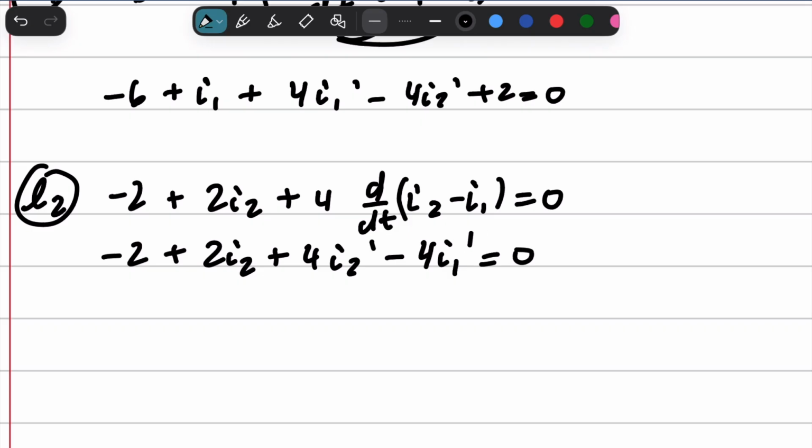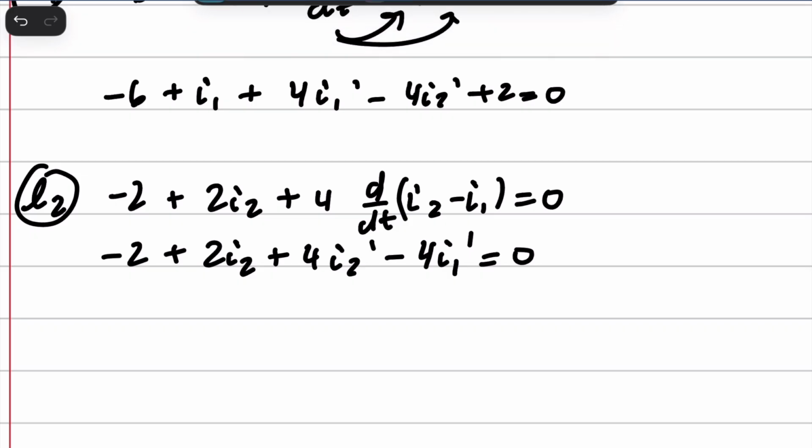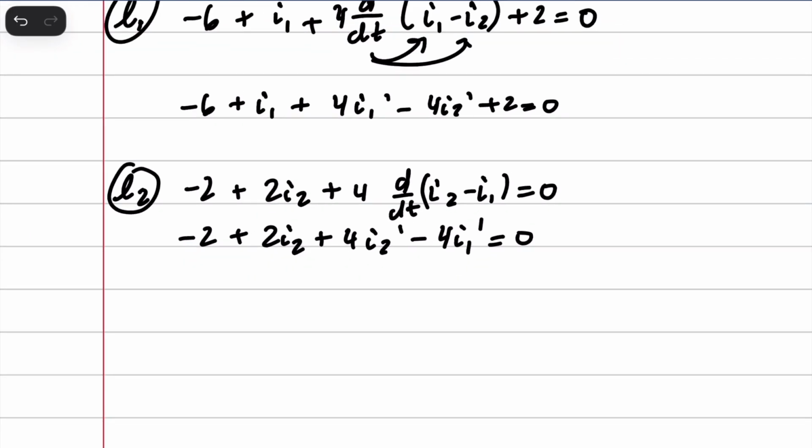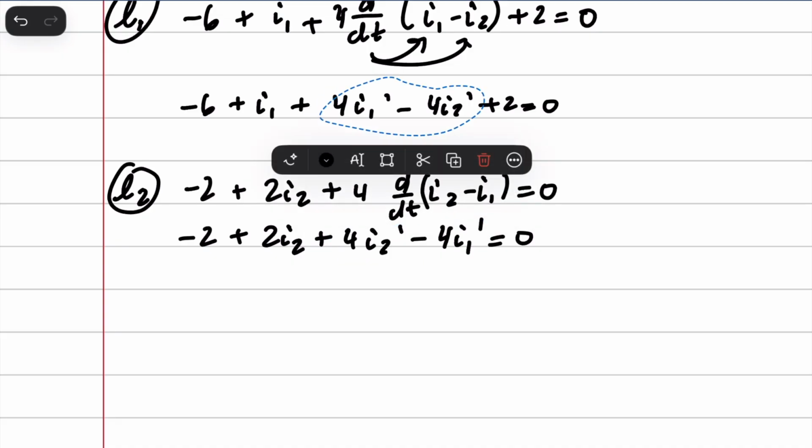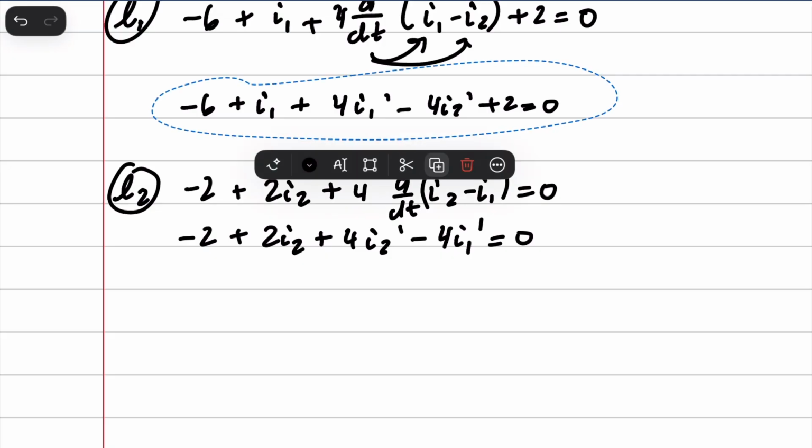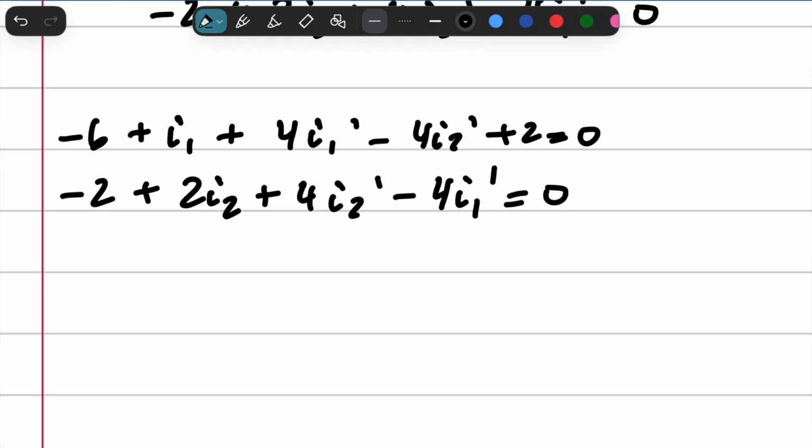And you're going to be like, what? What do I do here? Well, actually, from here, it kind of makes sense. Notice, look at these. They cancel out if we add them up together. So let's go ahead and do that.